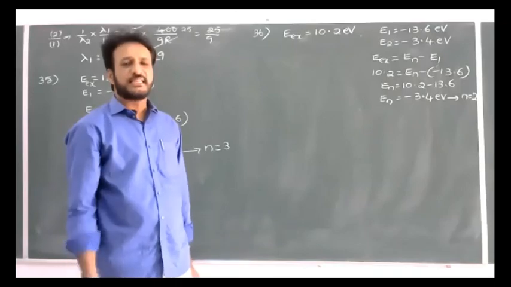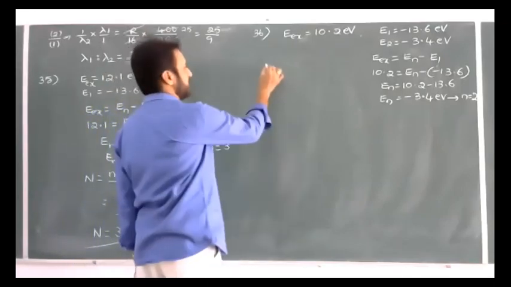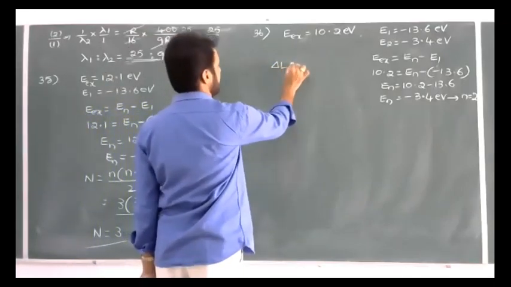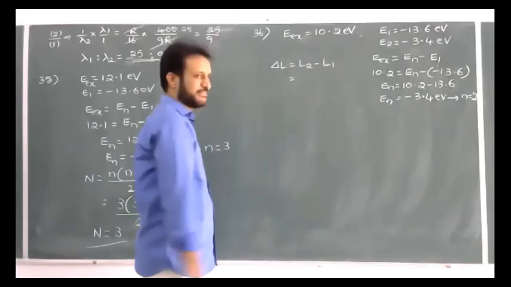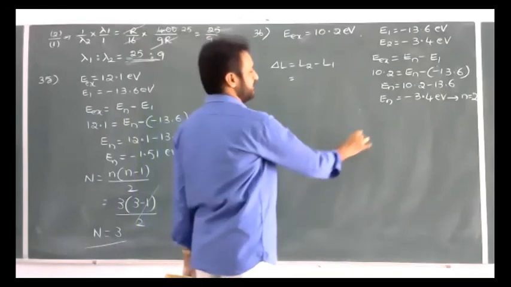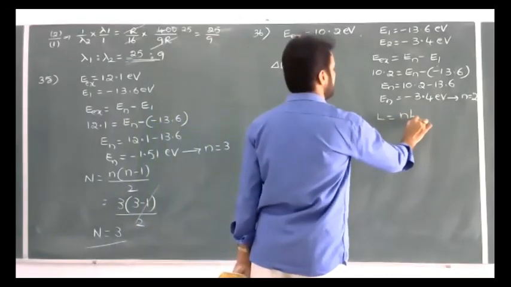What they asked is, what is the increase of angular momentum? We know the formula. Angular momentum delta L is equal to second orbit minus first orbit angular momentum, L2 minus L1. The general formula for L is nh by 2 pi.